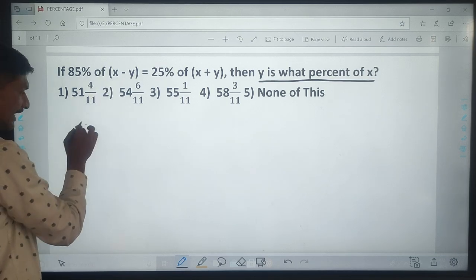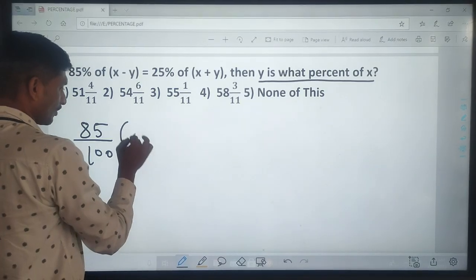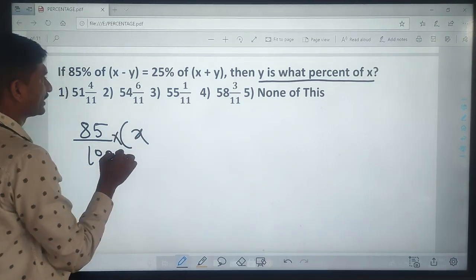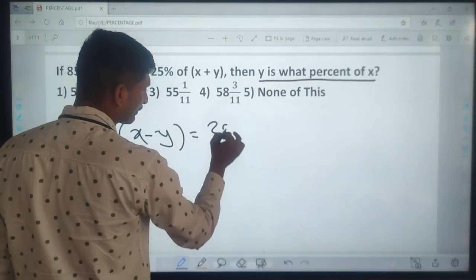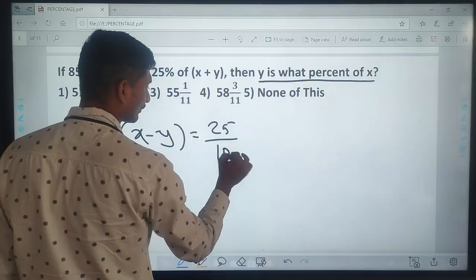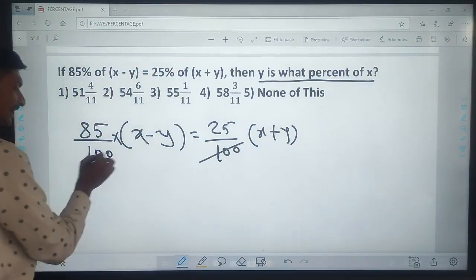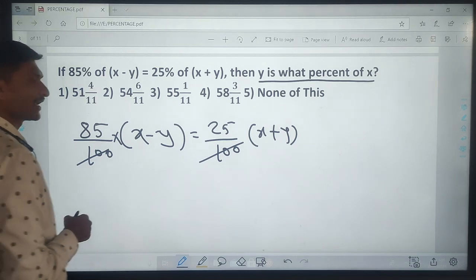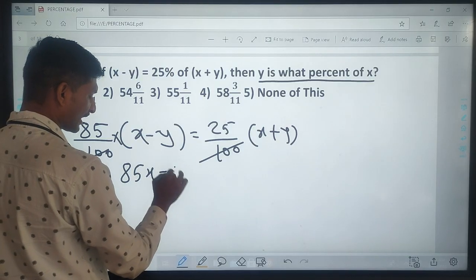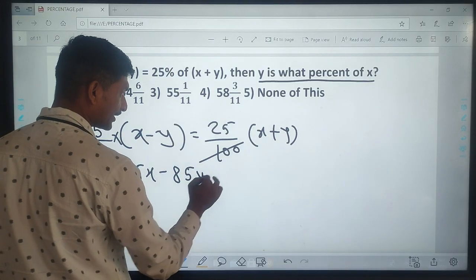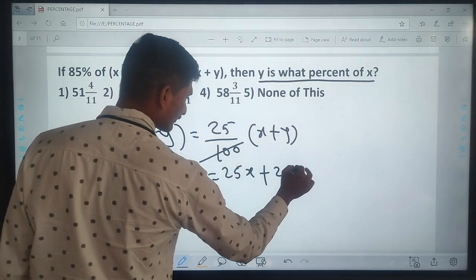Here we write 85%, that is 85 divided by 100, of means multiply, x minus y is equal to 25%, that is 25 divided by 100 into x plus y. Here 100 gets cancelled. Here we write 85x minus 85y is equal to 25x plus 25y.